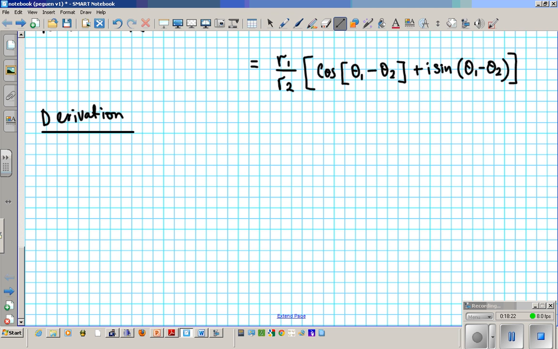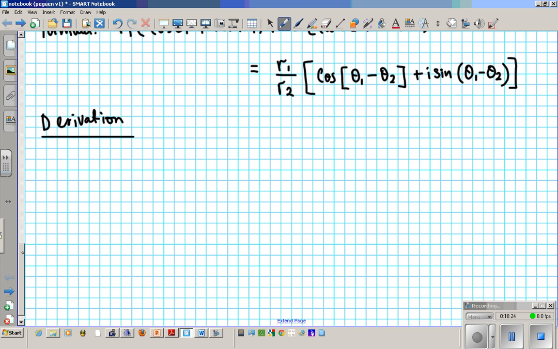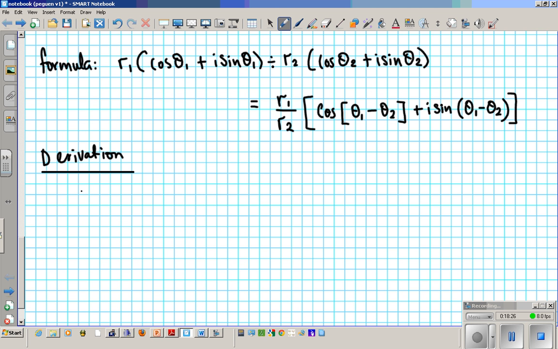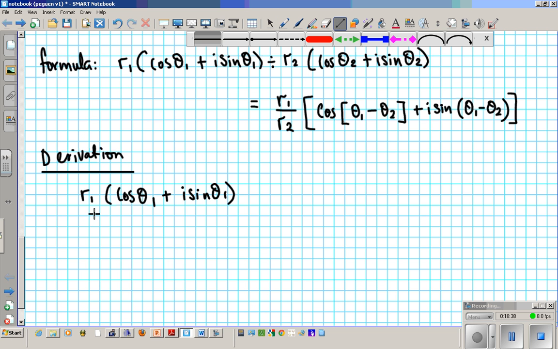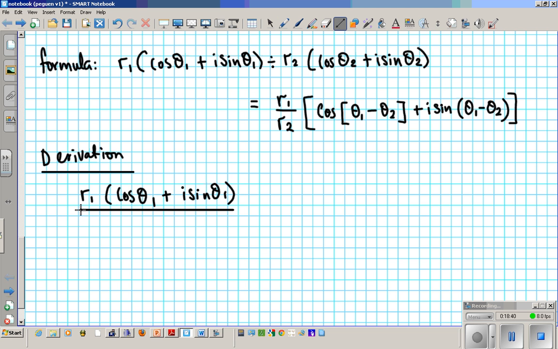Let's say we had two complex numbers we're taking the quotient of: r1 cosine theta 1 plus I sine theta 1 divided by r2 cosine theta 2 plus I sine theta 2.